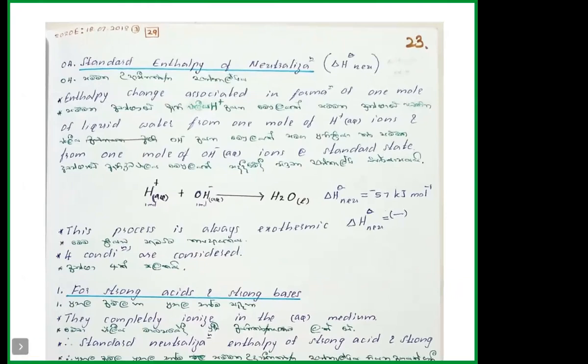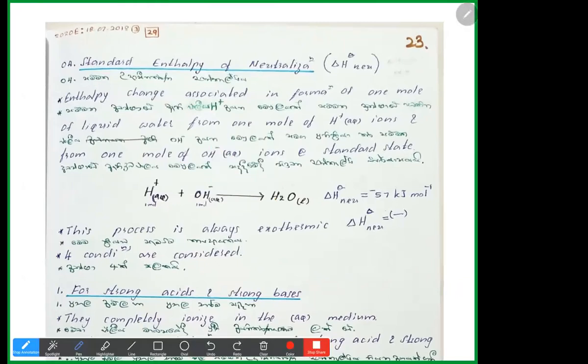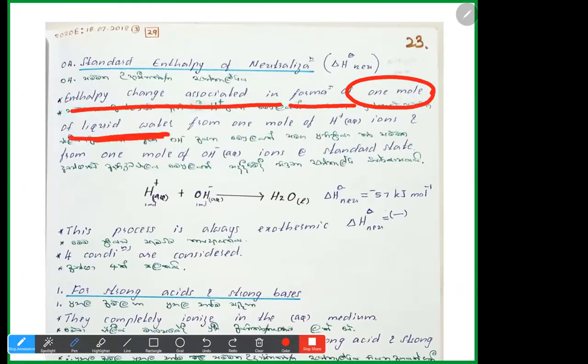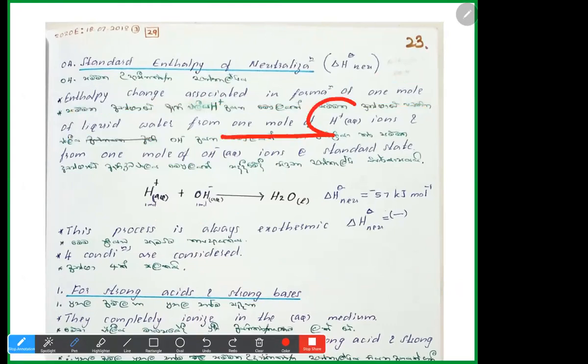Neutralization, again, easy. In neutralization, we are getting this enthalpy value as the formation of 1 water molecule, but from aqueous H plus and OH minus, so that this is not formation enthalpy. It is the enthalpy change associated with formation of 1 mole of liquid water from 1 mole of H plus aqueous ions and 1 mole of OH minus aqueous ions.